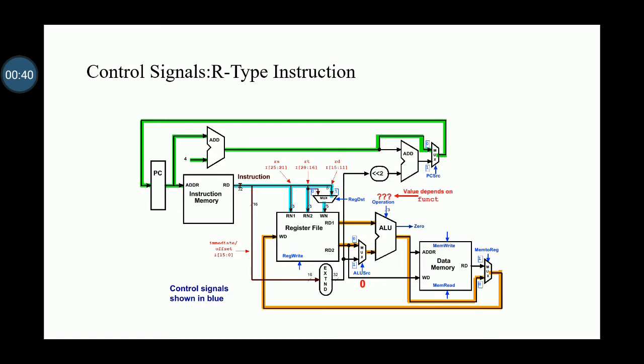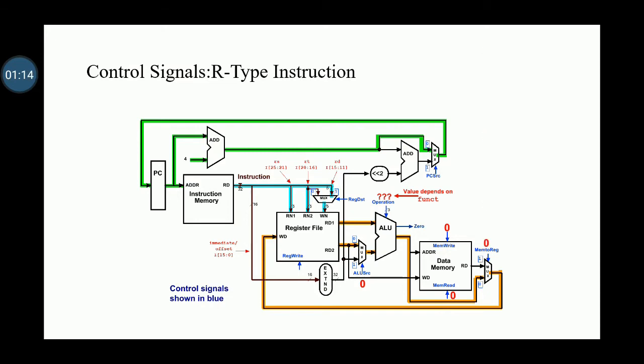The operation control signal depends on the function field, so depending upon the function field, it selects addition, subtraction, multiplication or division. The data memory is not used by this instruction, so neither memory read nor memory write is used by this R-type instruction, hence they are set to 0.